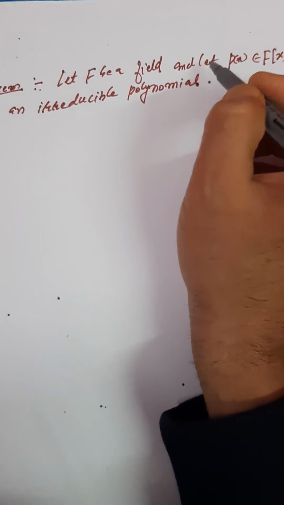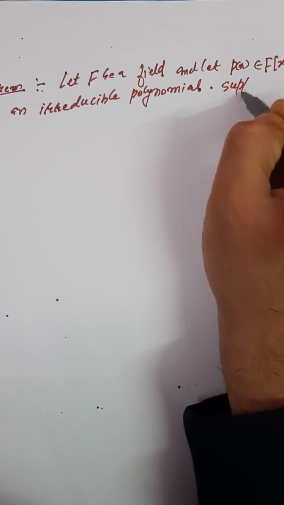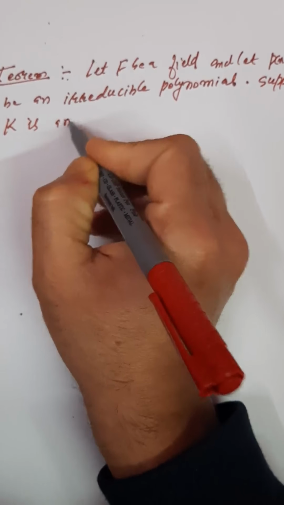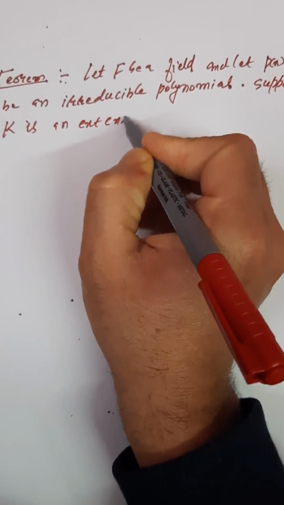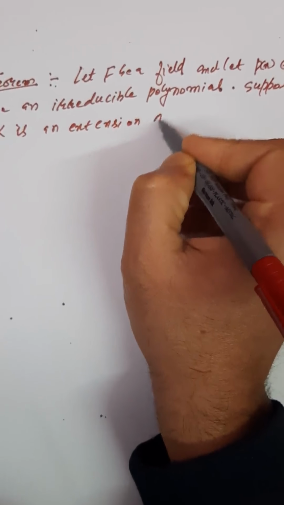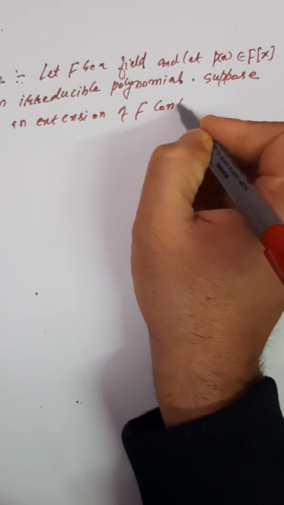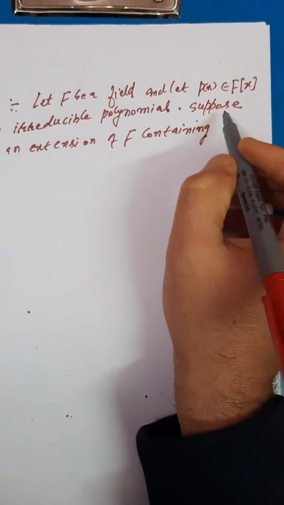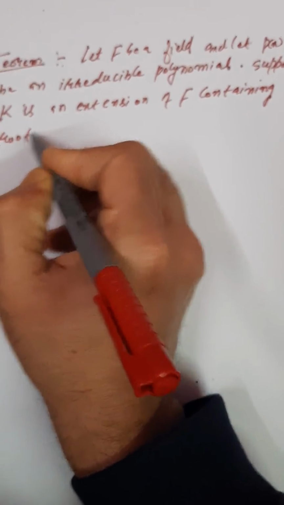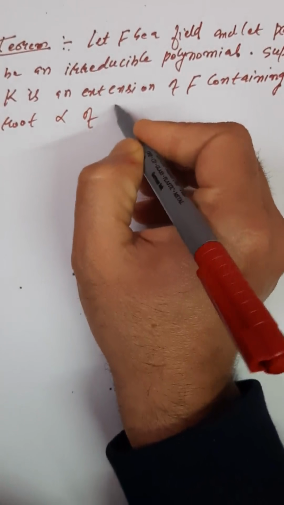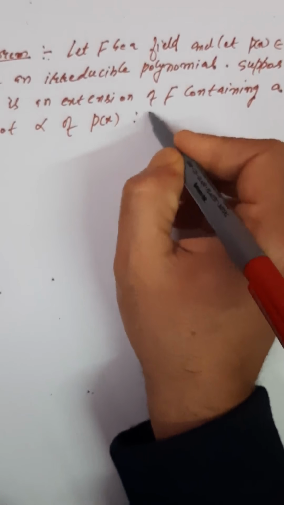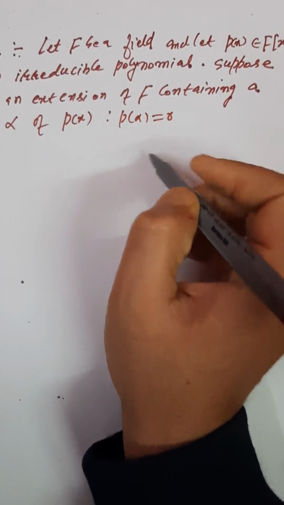Suppose K is an extension field of F containing a root alpha of this irreducible polynomial p(x). So you have here p(alpha) equal to 0.